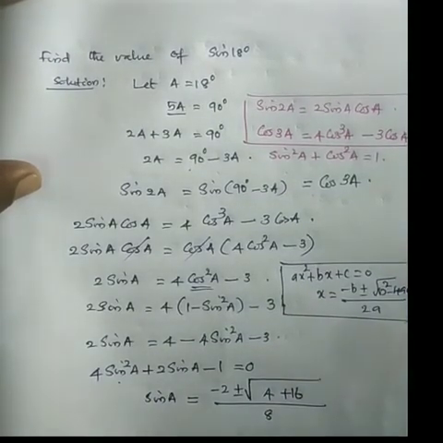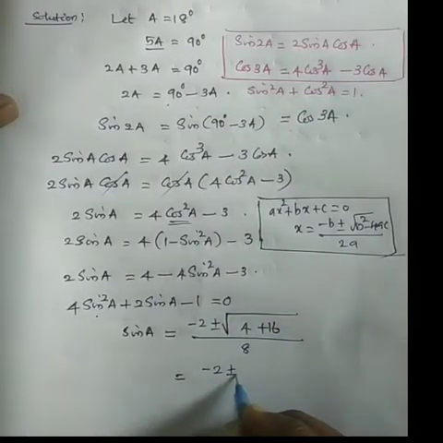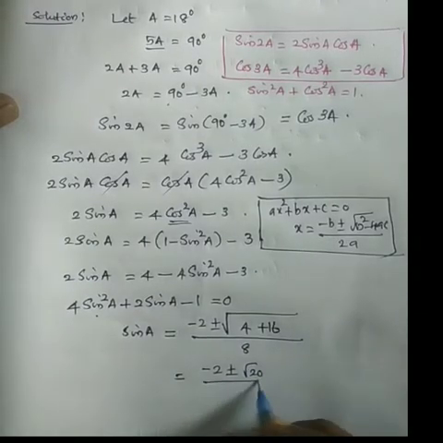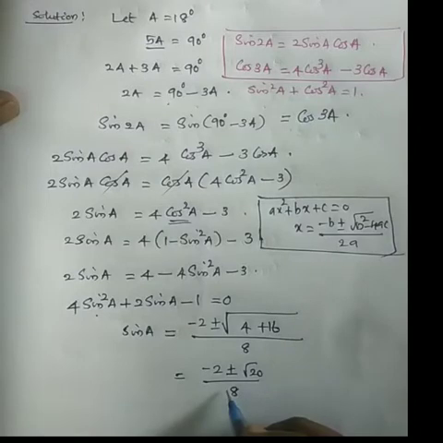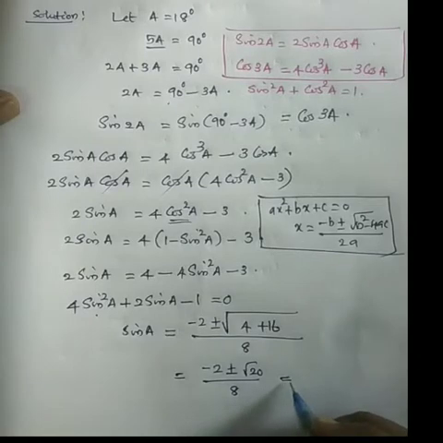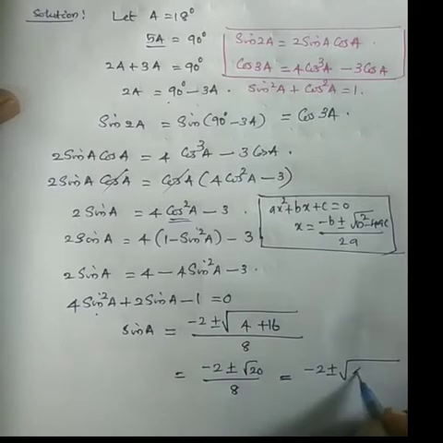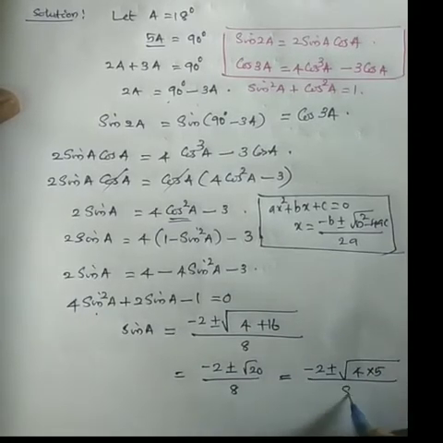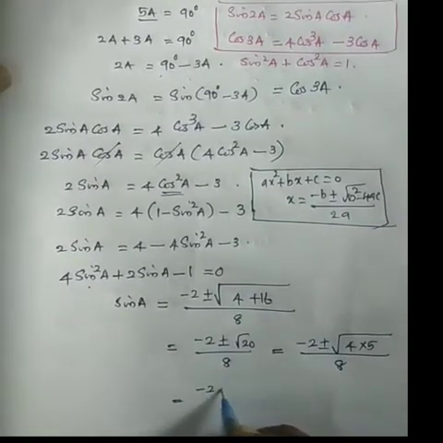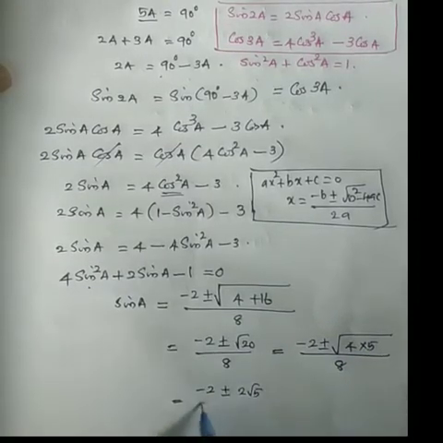Okay, so it is equal to minus 2 plus or minus root of 4 plus 16, it is root 20, root 20 by 8. That's equal to minus 2 plus or minus root 20, which can be written as 4 into 5, divided by 8. So this is equal to minus 2 plus or minus 2 root 5 by 8.